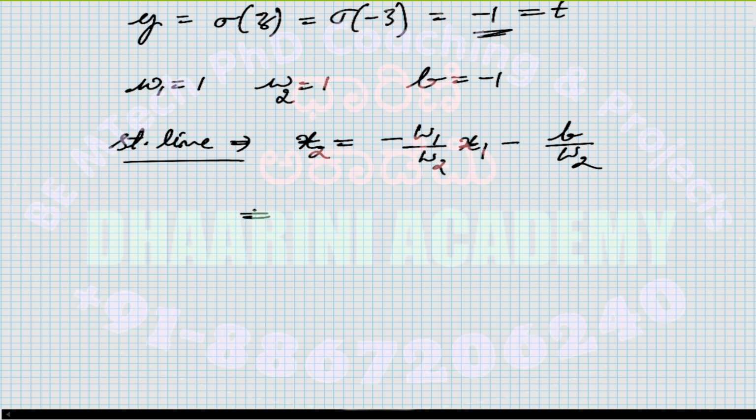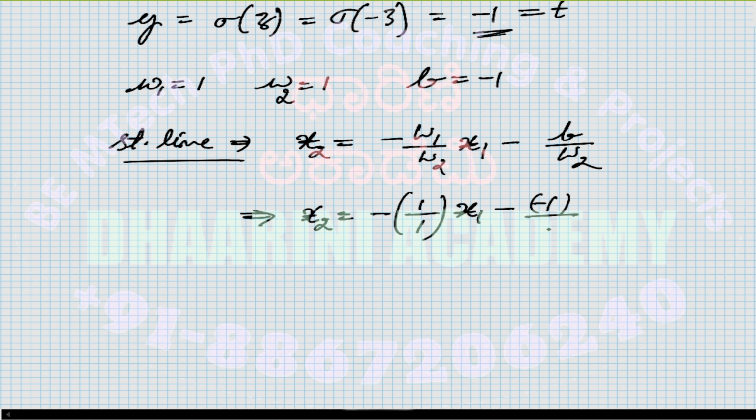So try to write the equation now. X2 is equal to minus, what is W1? W1 is 1, W2 is also 1, times x1 minus, what is B? B is -1, and this is 1.